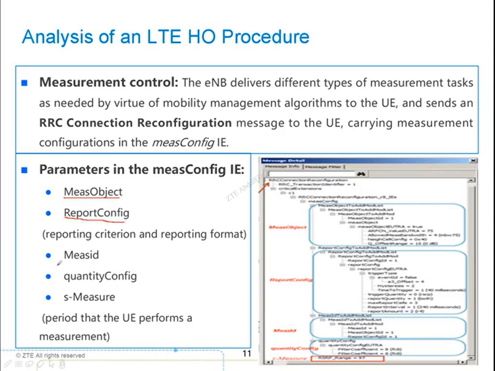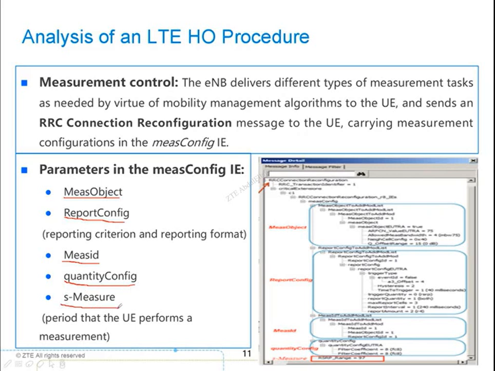Okay, and when you report, please report the measurement ID, which ID you want to measure, and the quantity config. Quantity is like you can report RSRP or RSRQ, or you can report both RSRP and RSRQ. And the third is S-measure.